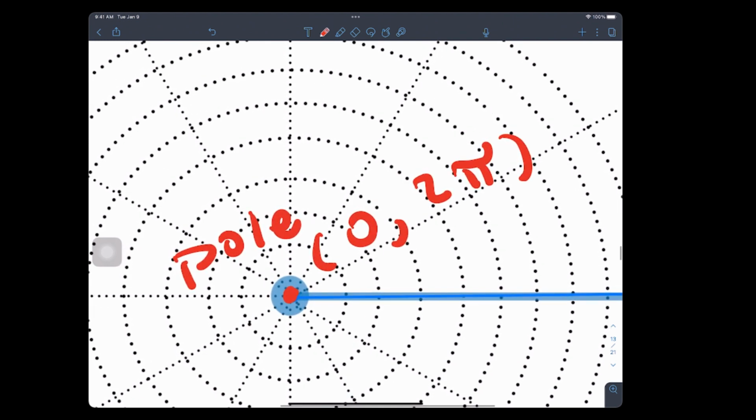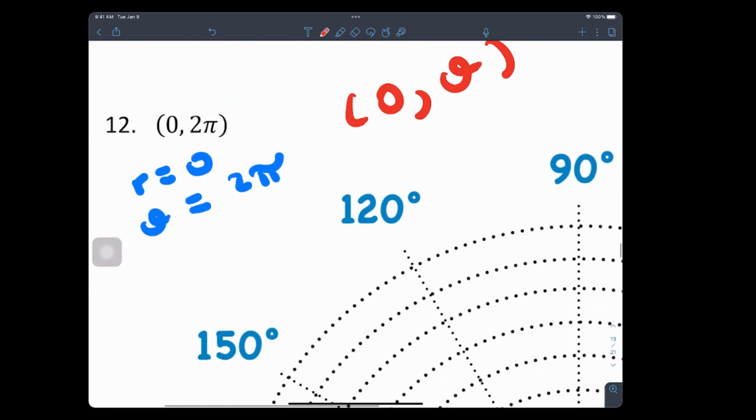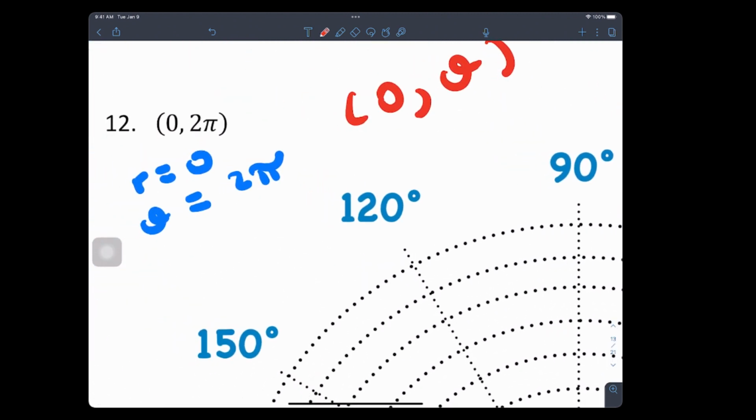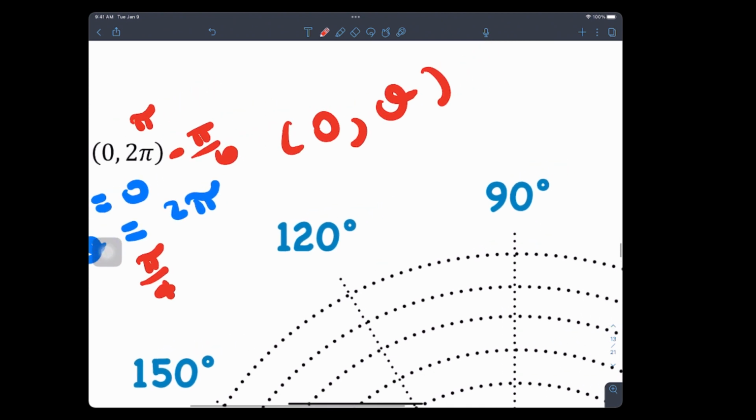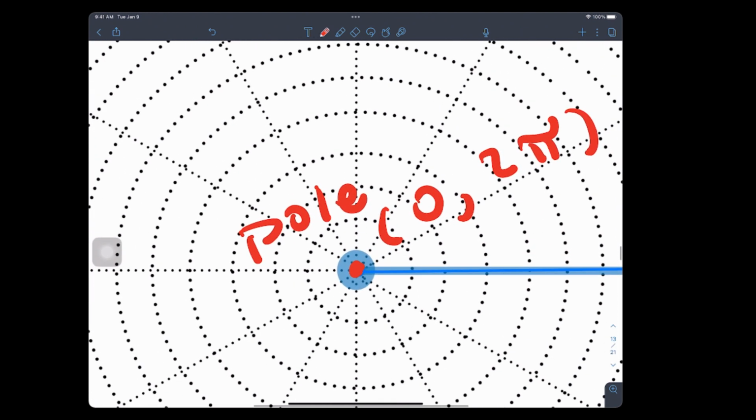Because you're not even moving any radius value. That's the same as the pole. So I can give you any angle there. If the radius is 0, what if the angle is pi over 4, negative, I don't know, pi over 6. You're still talking about what? Any angle theta, we're still talking about the pole.